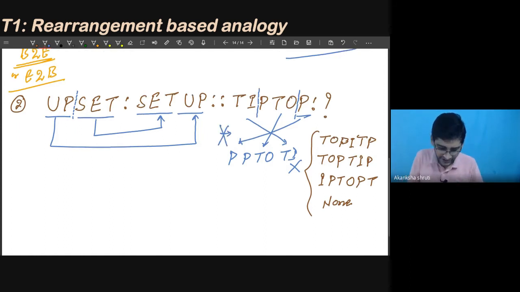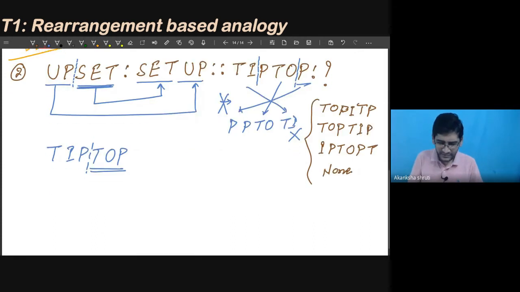Now let us go for the other. Say TIP, TOP, this one. If we are going for distributing from the end, so at the end we are getting the 3, so 3 and 3. So this set of 3 from the end I have taken.